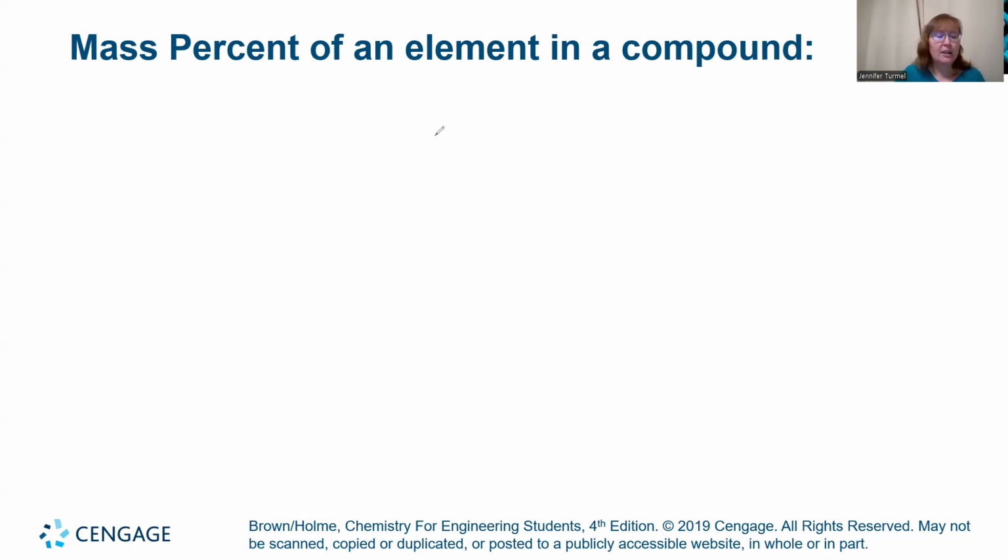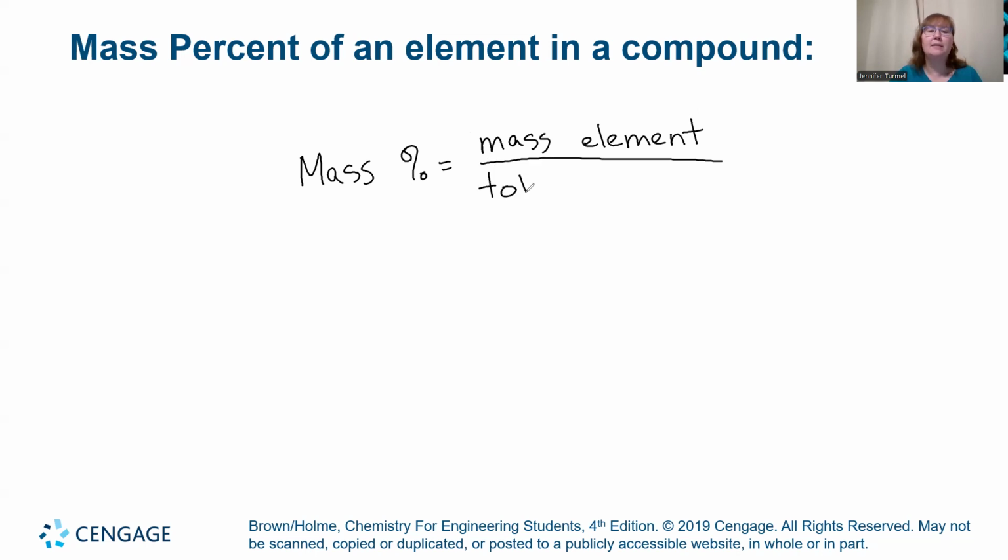When we're talking about mass percent, the mass percent in a compound is equal to the mass of the element divided by the total mass of the compound. And then it's a percent, so make sure that you remember to convert that into a percentage.